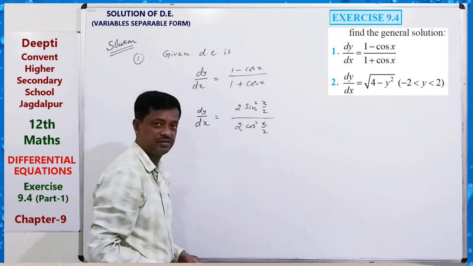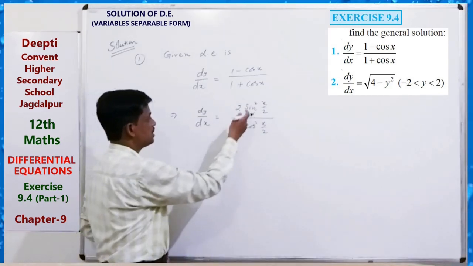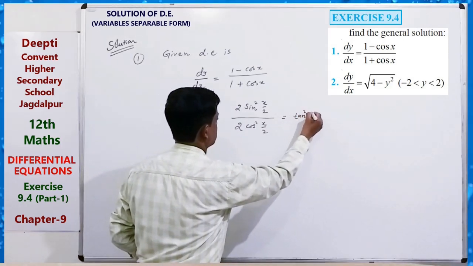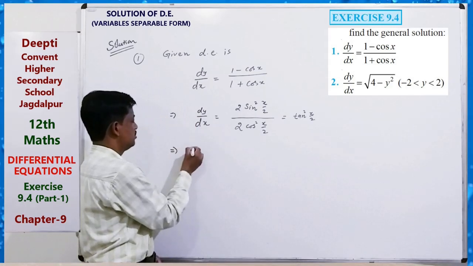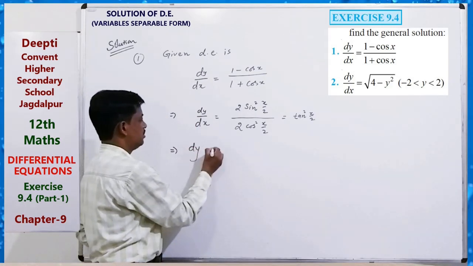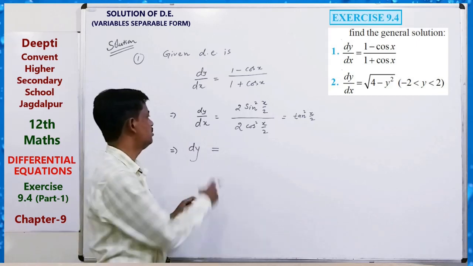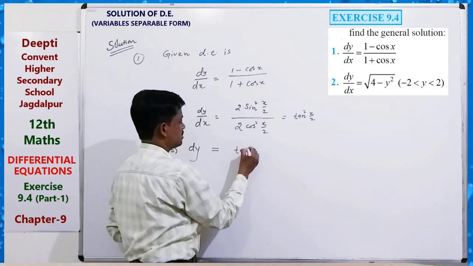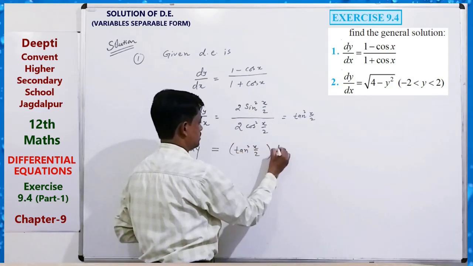The 2s cancel, giving tan square x by 2. Now this is a separable form differential equation, so dy equals tan square x by 2 into dx.